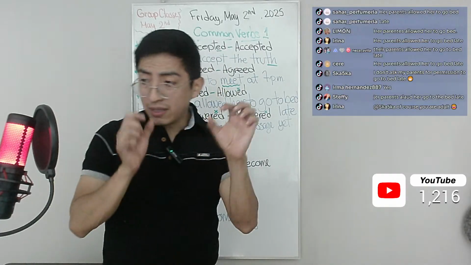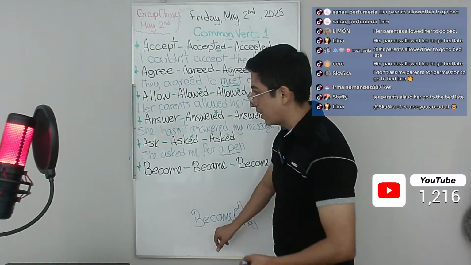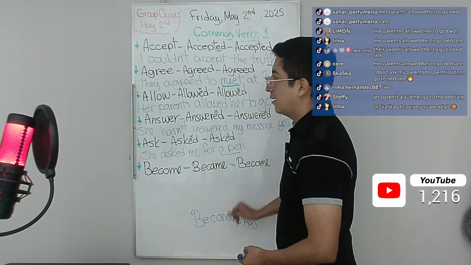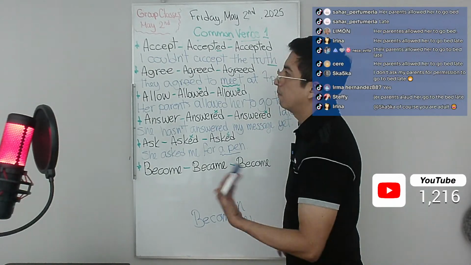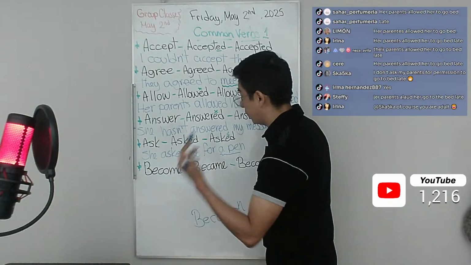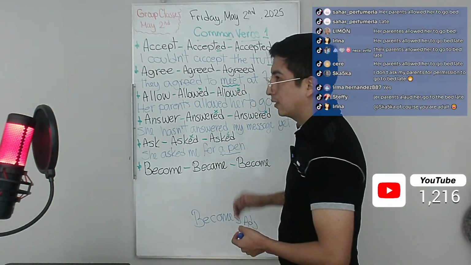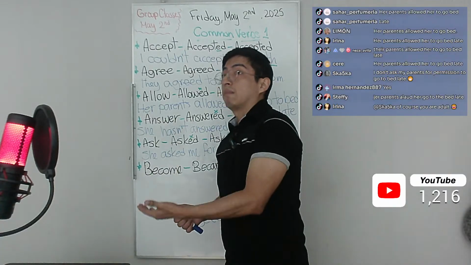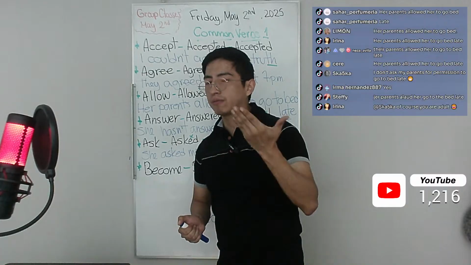So we have a caterpillar here. We can also say become plus an adjective, become beautiful. You can say that, no? Or you can say become something new. A caterpillar became a beautiful butterfly.